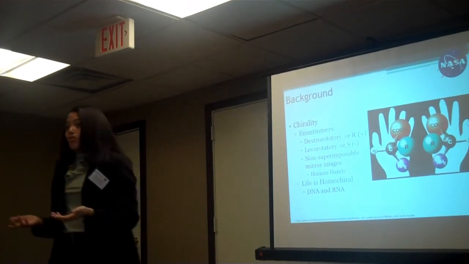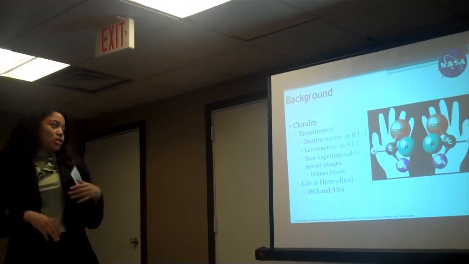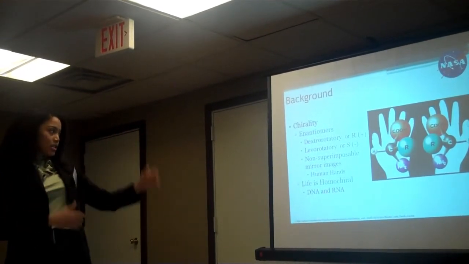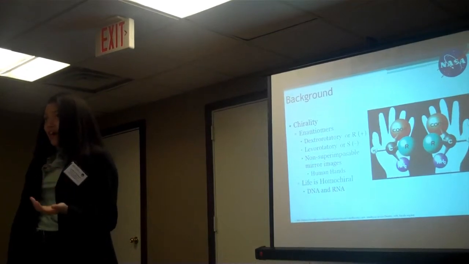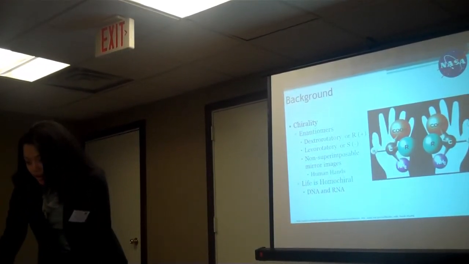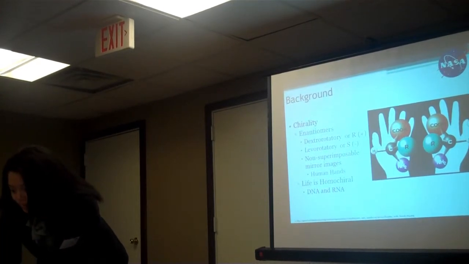Life is homochiral, which is what we're looking at. In DNA and RNA, we basically have an L axis. But in space, we found that we see the D enantiomer, or dextrorotatory, and L is levorotatory.